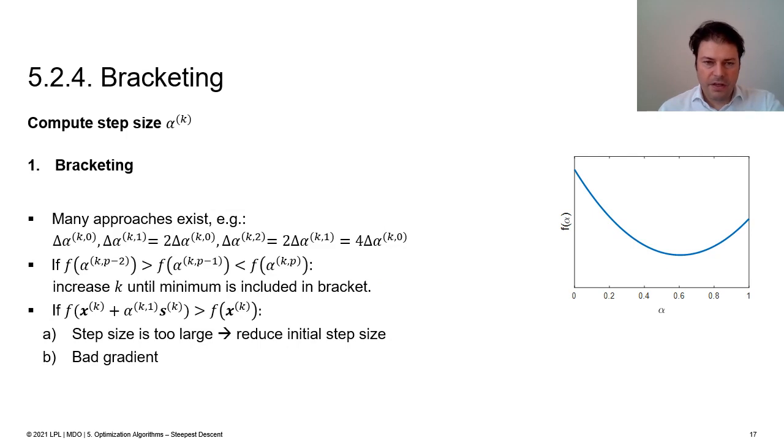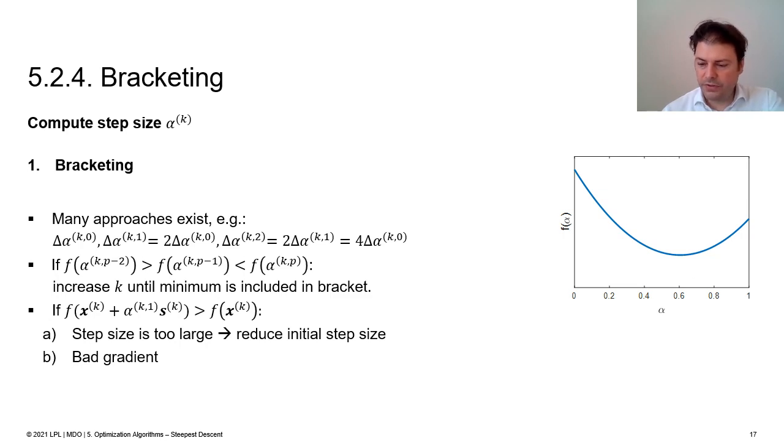Bracketing is about finding an interval that includes the optimum of our line search. And one way to identify this interval is to double a candidate interval size until the optimum is included.